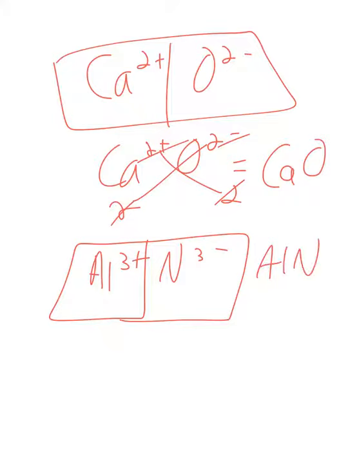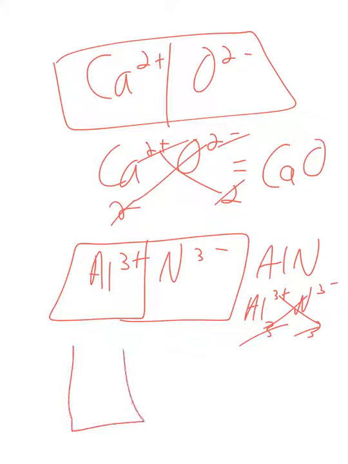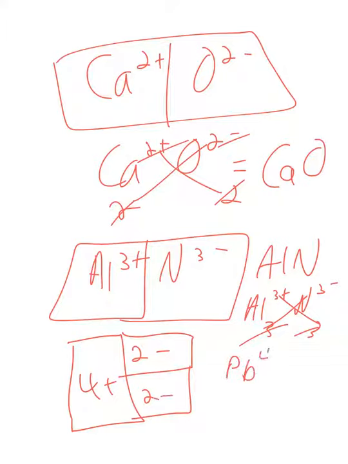So it's just AlN. So again, those can cancel out. Now we won't use this as much yet, but if I had a 4, you don't see too many 4s, but like Pb is 4 plus, and a 2 minus. Instead of saying 2 and 4, we would reduce that to 1 and 2, so this would be PbO2.